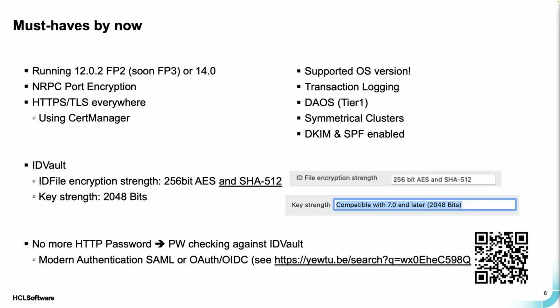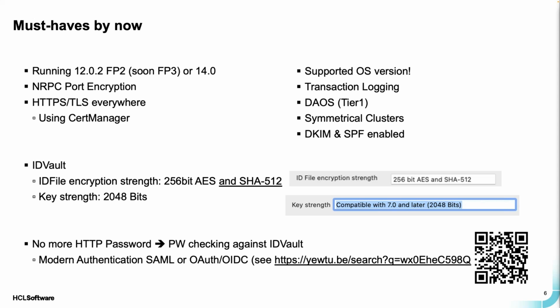You should have NRPC port encryption enabled. You should, of course, enable SSL TLS everywhere, using the new certificate manager that we introduced in Domino 12. Of course, you should be running a supported operating system version. Please check that, especially on the Linux side of things.